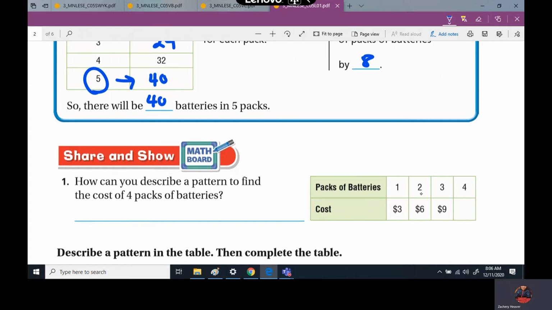1 pack of batteries costs 3. 2 costs 6. 3 costs 9. 3, 6, 9. 4 is going to be 12. How can you describe a pattern to find the cost? We can skip count by 3, which makes it 12. I'll give you a second to copy that down.